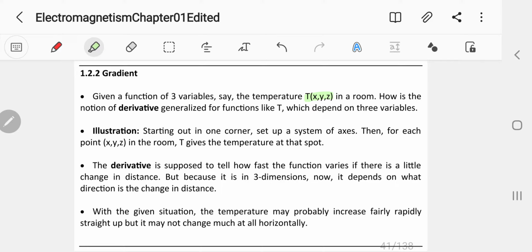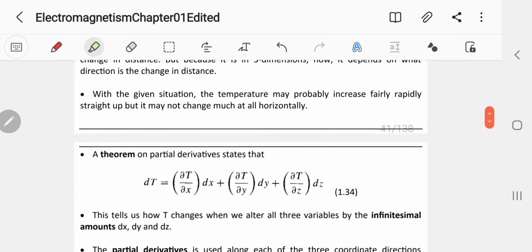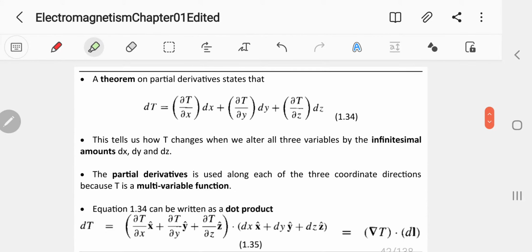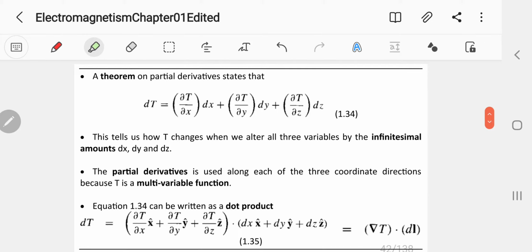So in this case, when you find the derivative, it's not difficult. You just treat the other two variables to be constant. So in this case, you have the total derivative of a function that is dependent on three variables.